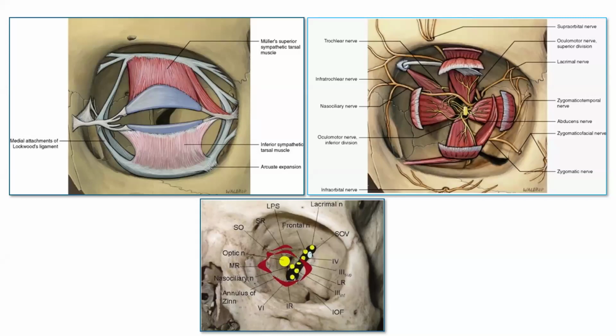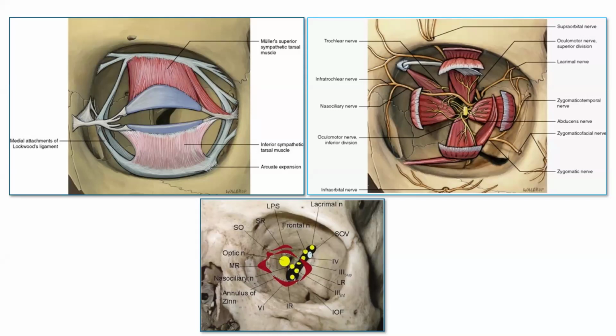Moving on, we have the extraocular muscles. We should know their origin, insertion, nerve supply, and relationship with the vascular anatomy. Only by knowing this will you be able to diagnose the right problem. The last one is the bony openings of the small but very significant cavity, which is the orbit.